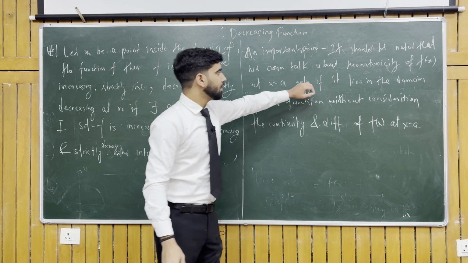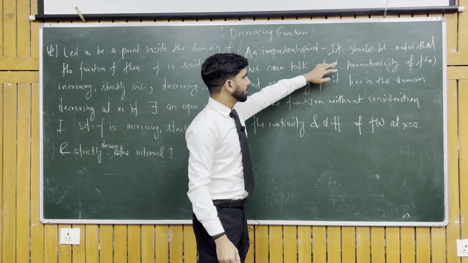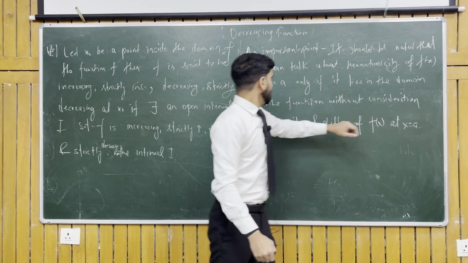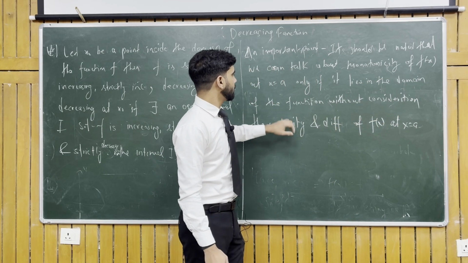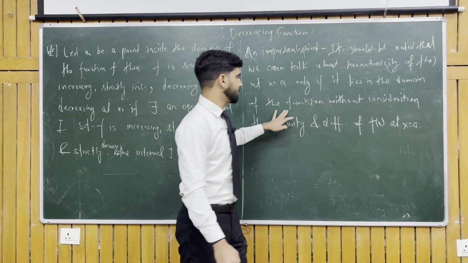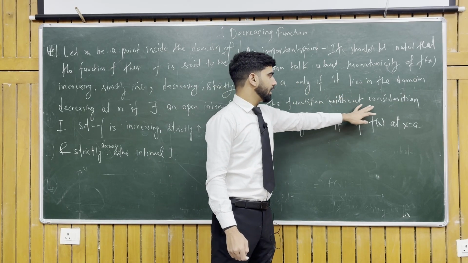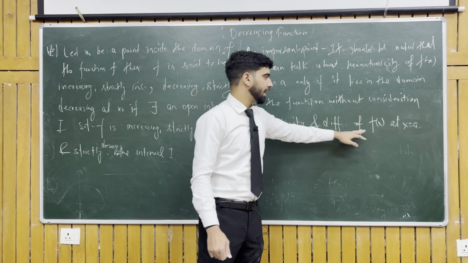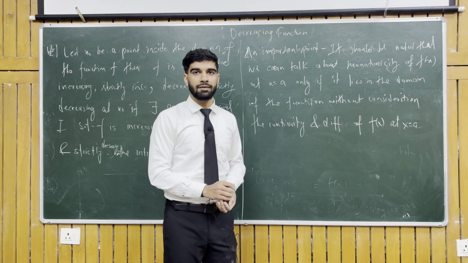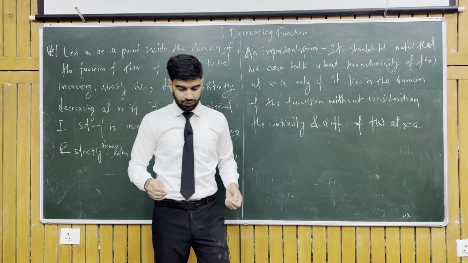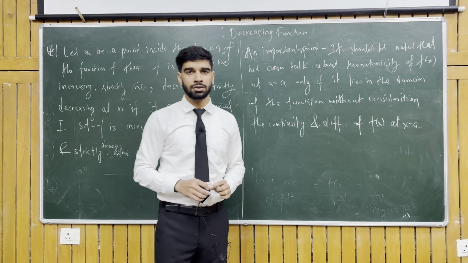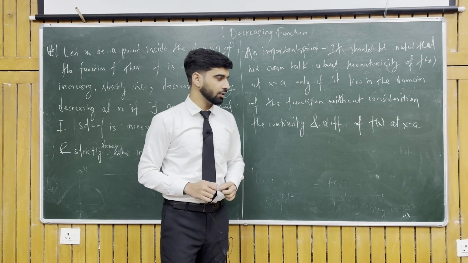This point will say that the function f at x equals a lies in the domain of the function f. It can happen that the function f is neither continuous nor differentiable at the point x equals a. I will draw the graphs of the function at which the function is increasing, but it is neither continuous nor differentiable at the point x equals a.